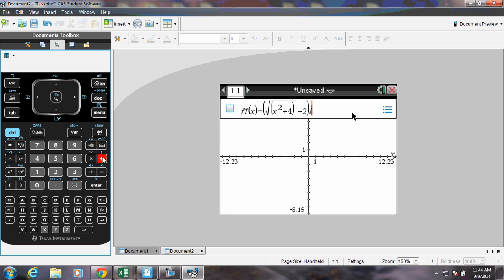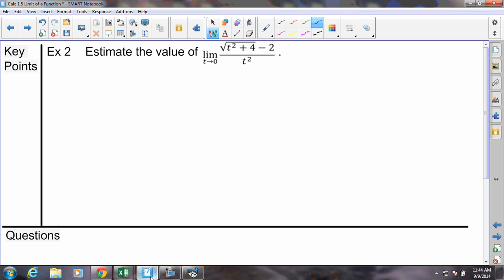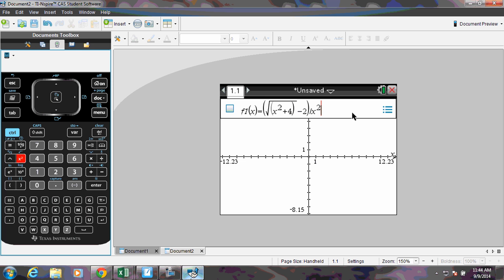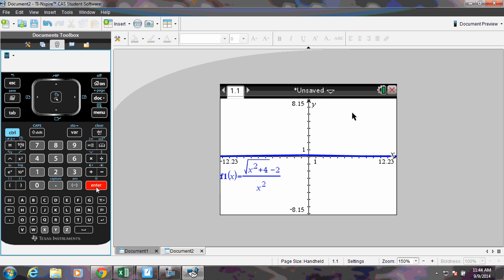All of that we will divide by x squared to get the whole piece. And click enter to get our graph.